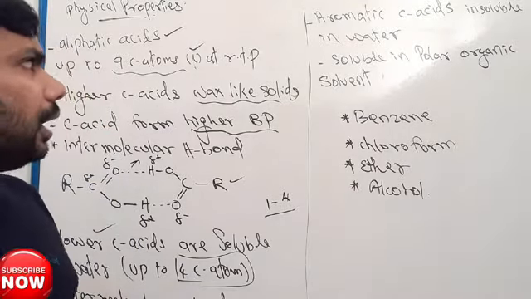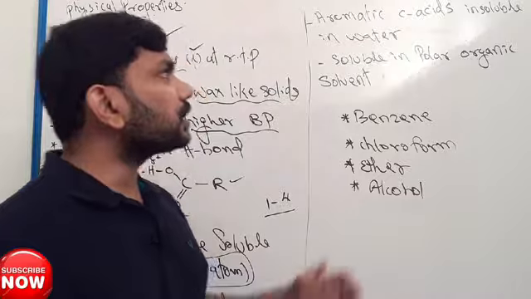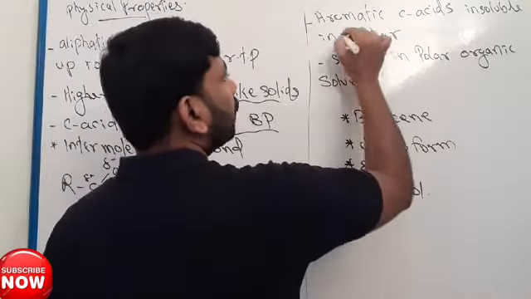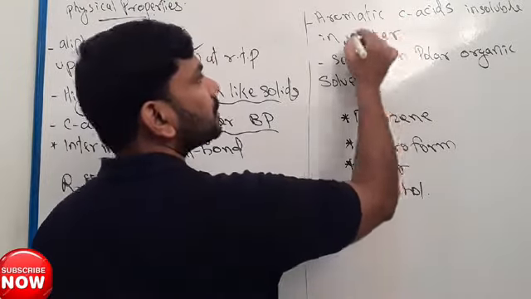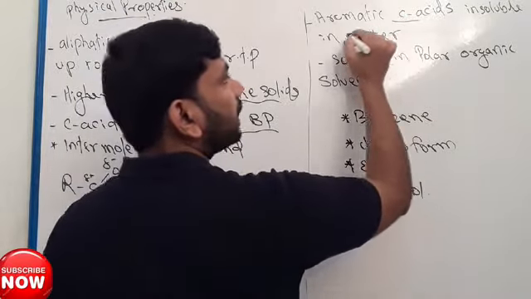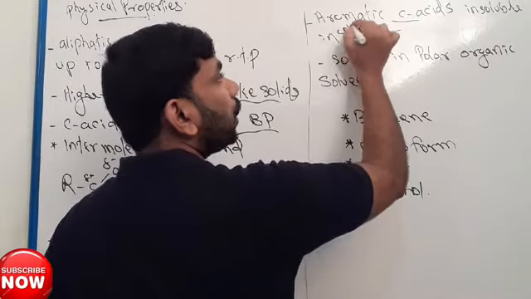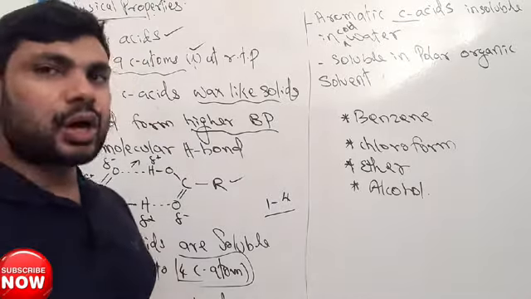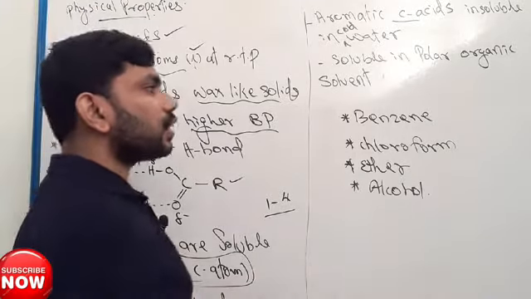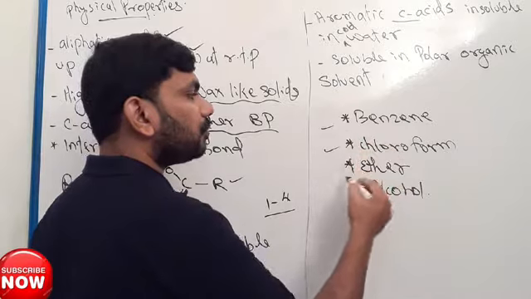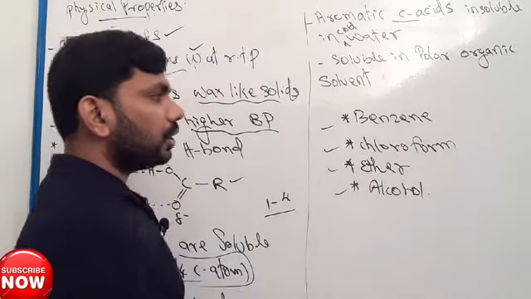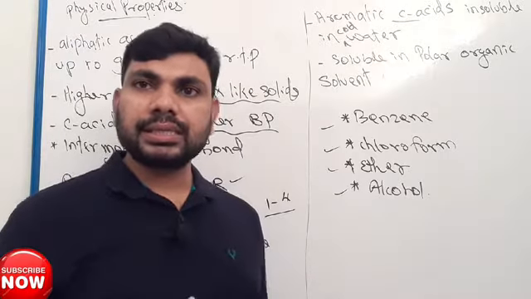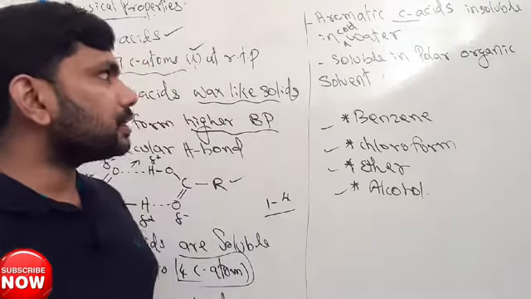Okay, and aromatic carboxylic acids are insoluble in cold water. But they are soluble in polar organic solvents such as benzene, chloroform, ether, alcohol. Aromatic carboxylic acid means benzoic acid, ethyl benzoic acid.